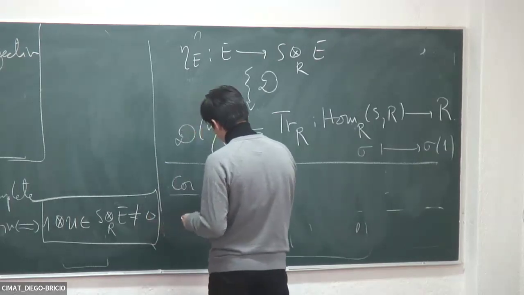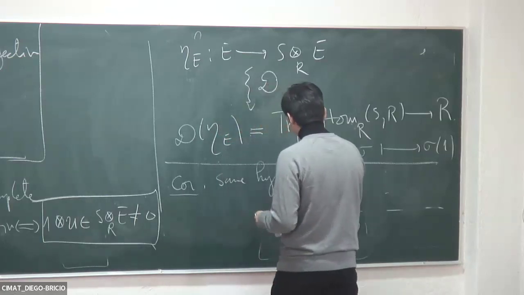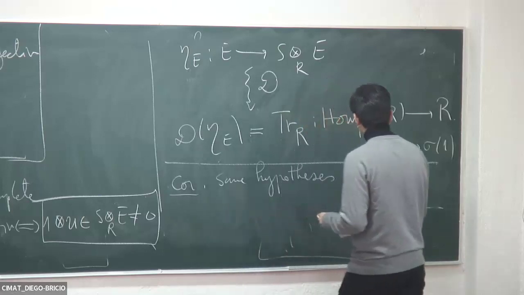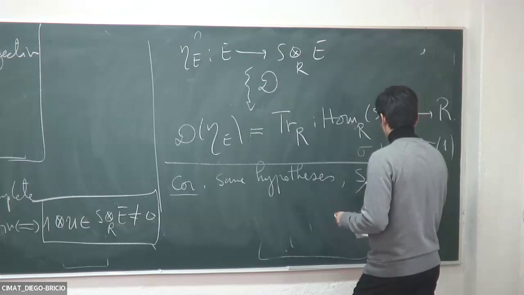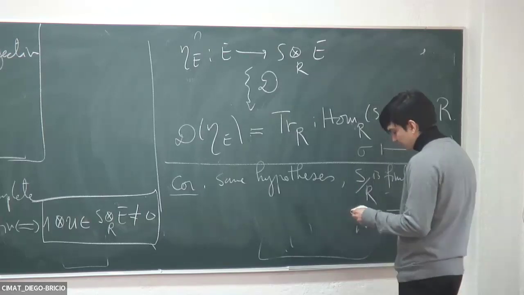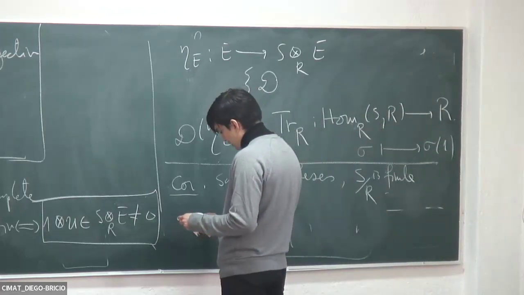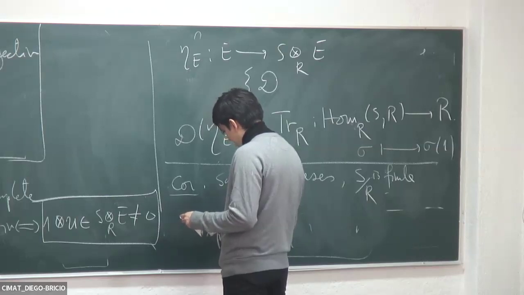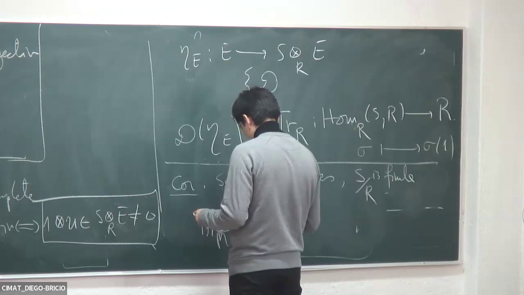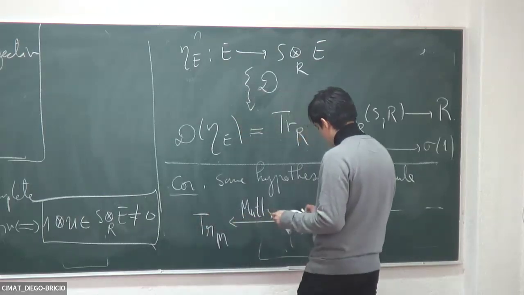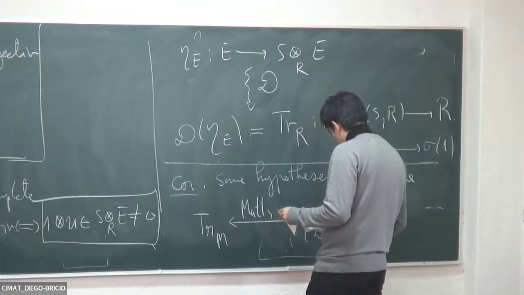With the same hypothesis, but now assume that S is finite, a finitely generated R-module. Then you can prove, using the exact same proof, that the trace of M is matrix dual to eta of the dual of M. What is this?